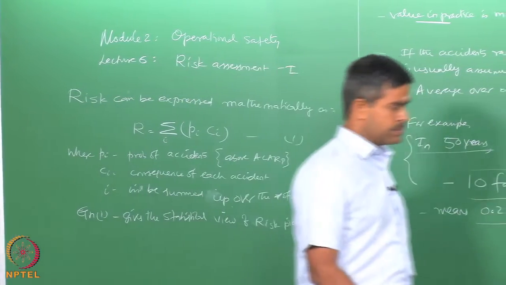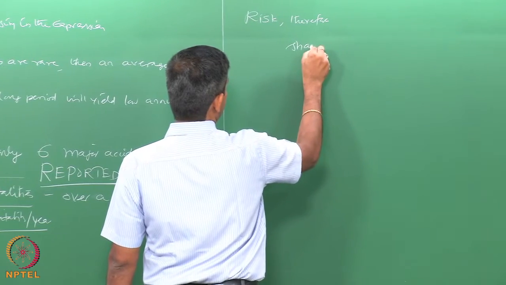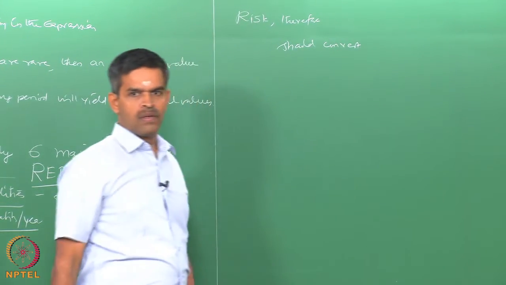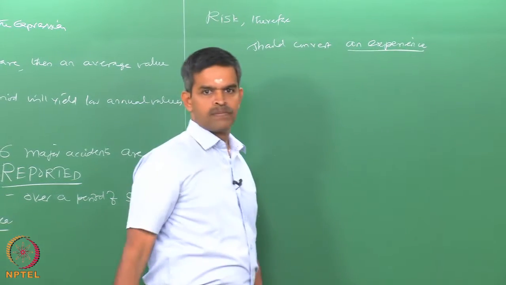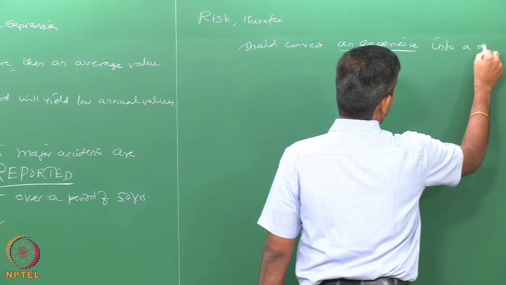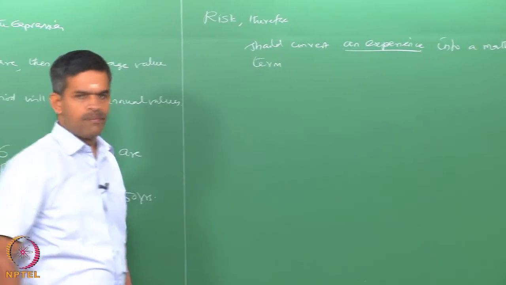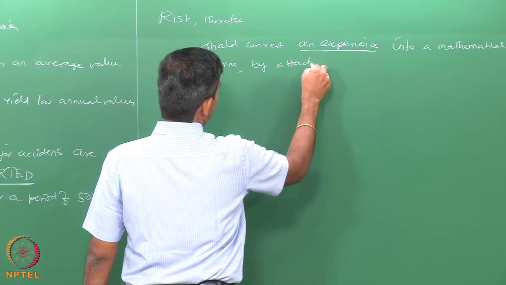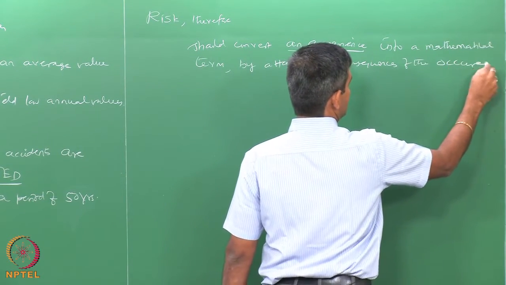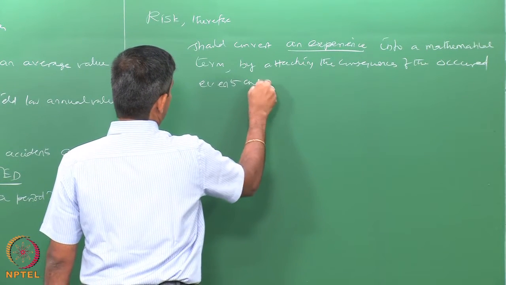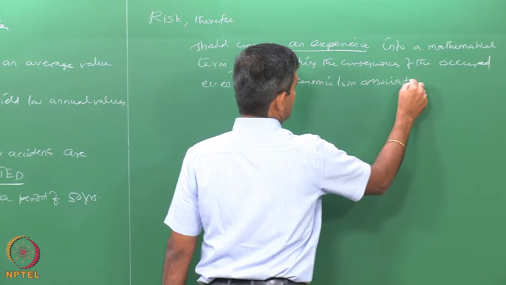Risk, therefore, should convert an experience into a mathematical term by attaching the consequences of the occurred events and the economic loss associated with these events.